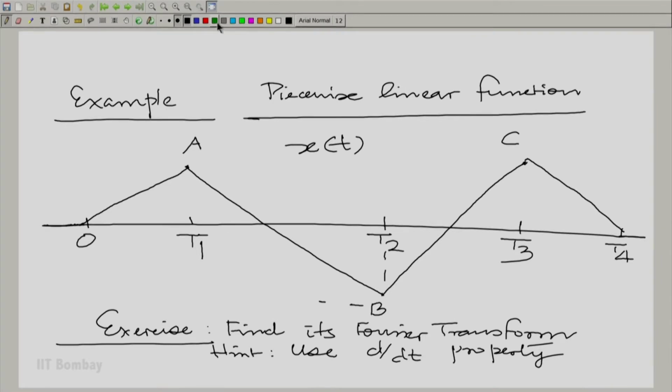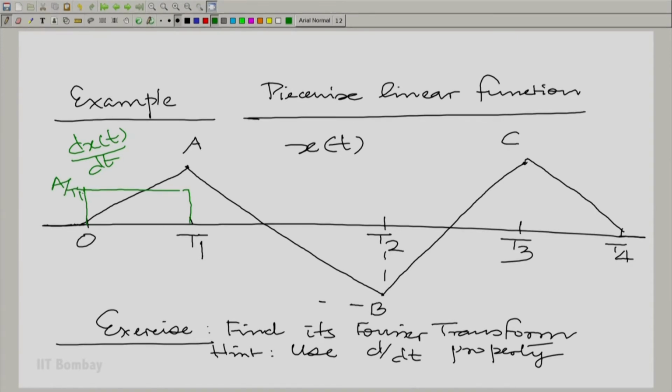So, in fact, let me draw the derivative of this function for you. How will dx(t)/dt look here? I am showing it in green. This rises to a over an interval of t1. So, you have a positive rectangular pulse here of height a divided by t1.